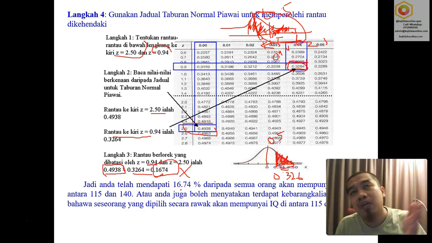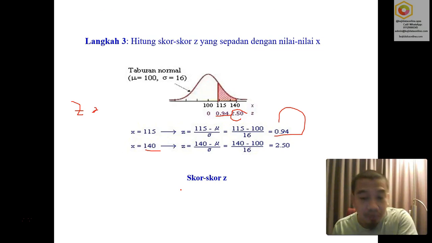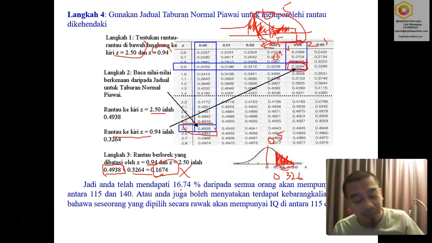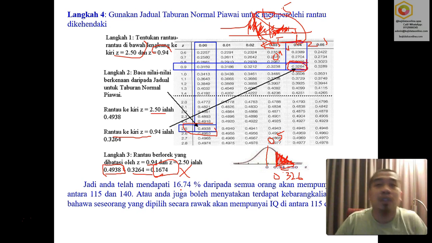So actually those who fall within the 114, sorry, I'm mistaken, 115, which is simulated by 0.94 at the Z tabulation's normal standard, with the 140 at the Z tabulation normal standard, which is equal to 2.5, we got the region of area under curve 0.1674, or equal to 16% of the total pupils inside those tabulation.